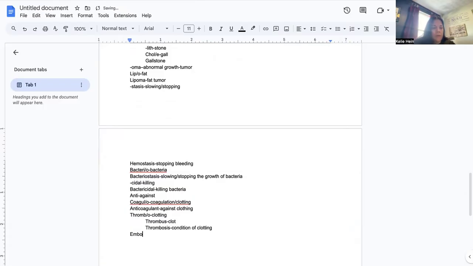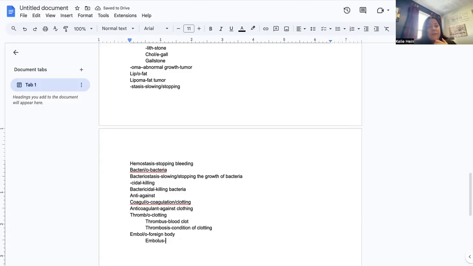Embolo, it's a foreign body, we'll say. Similar to a clot, but when we're talking about thrombus, we're talking about a blood clot, okay? Remember thrombocyte. This can be an embolus, okay? Can be really anything. It can be a clot that breaks free.